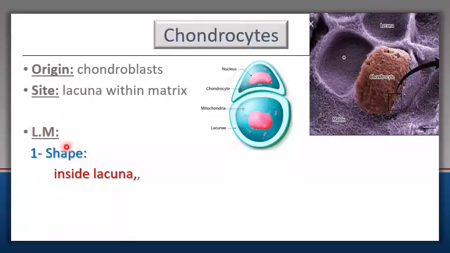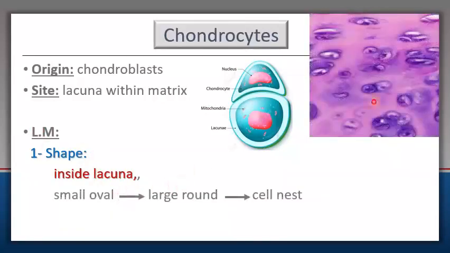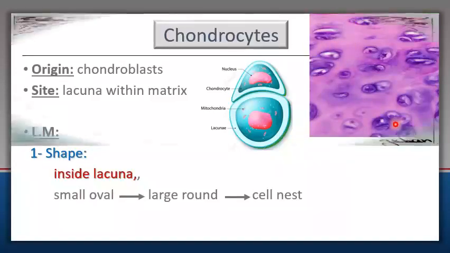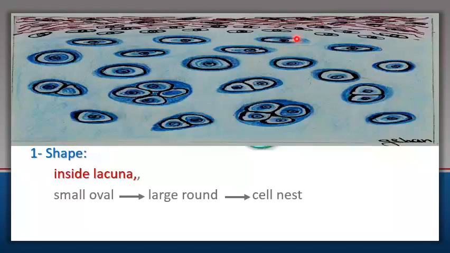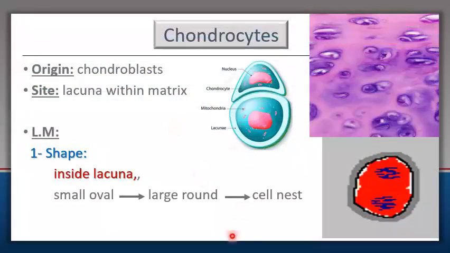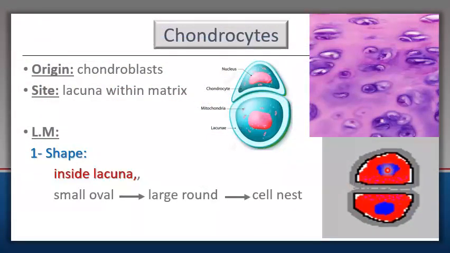The shape of the chondrocytes depends upon their location. Superficially, the cells are oval to flattened, then they become large and rounded, then they form what is called a cell nest. What is a cell nest? A chondrocyte divides by mitosis to give 2 cells.